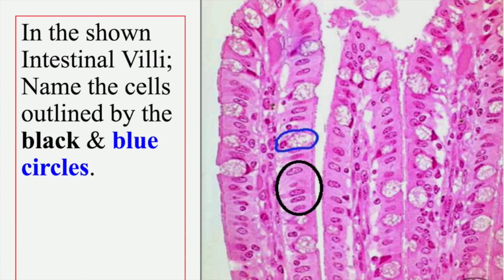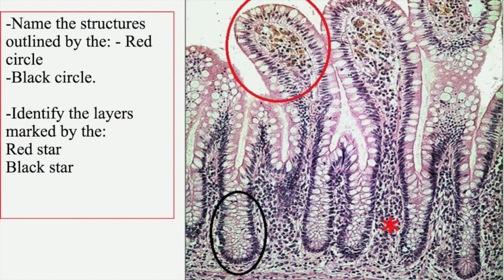Nice question. This is the intestinal villi. Name the cells outlined by the black. They are the enterocytes, or the absorptive columnar cells, and the blue circle is the goblet cell. Name the structure outlined by the red circle. It is the villus, and the black circle is the crypt of Lieberkühn or intestinal crypt.